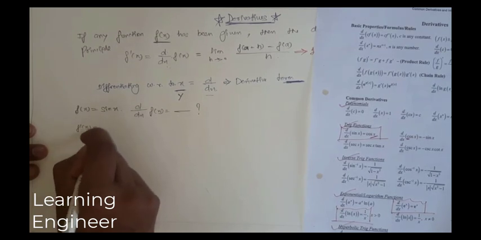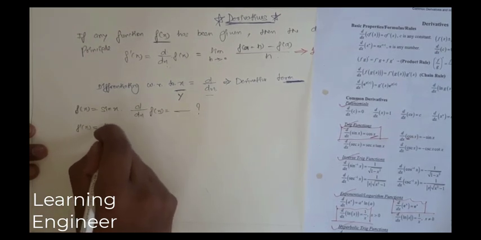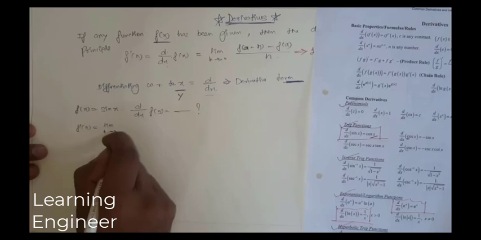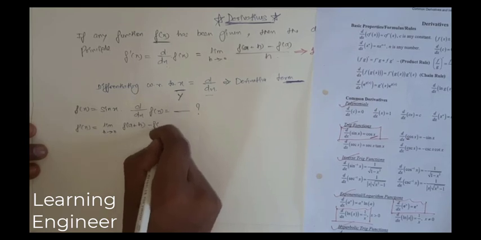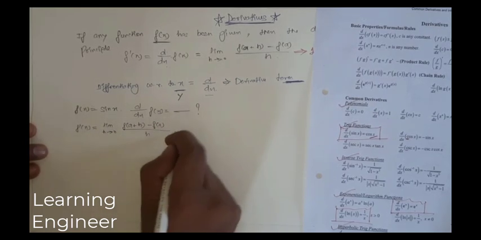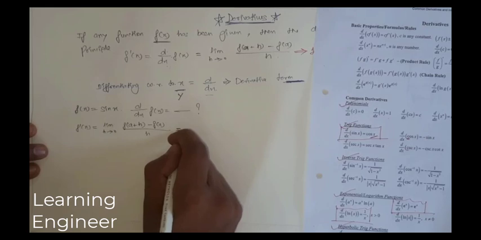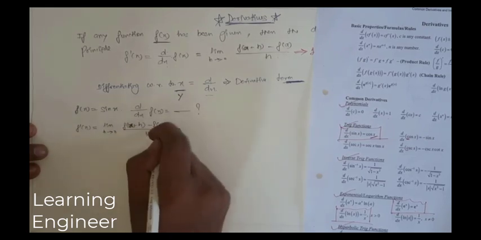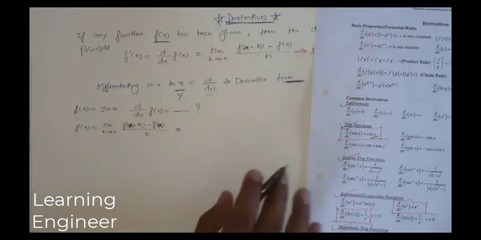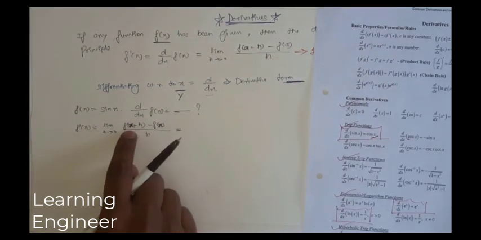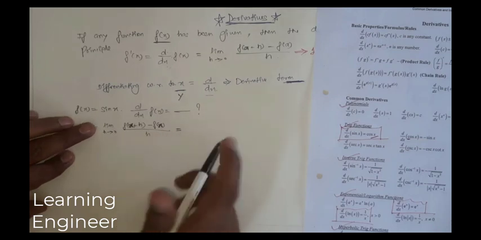The derivative of f at x is the limit h tends to 0 of f of a plus h minus f of a, whole divided by h. We can replace a by x whenever required, so we can take f of x plus h minus f of x over here.